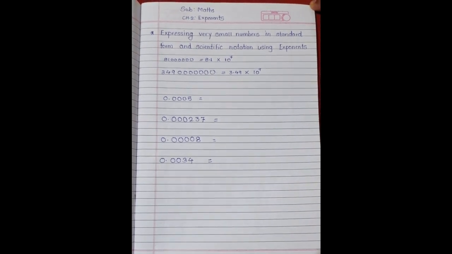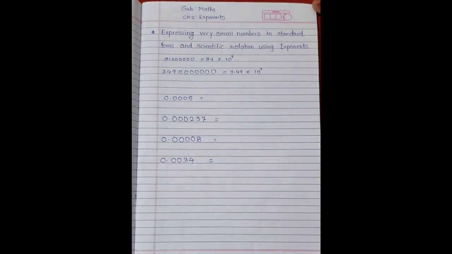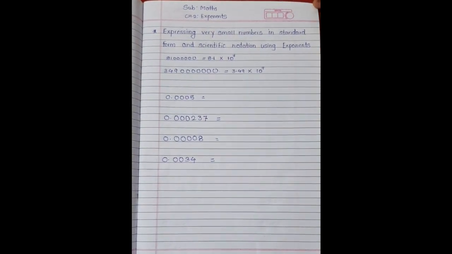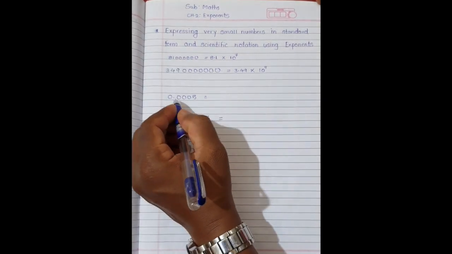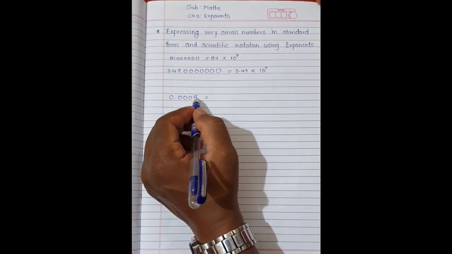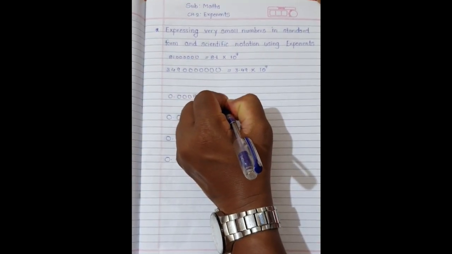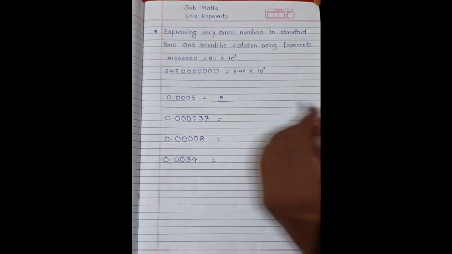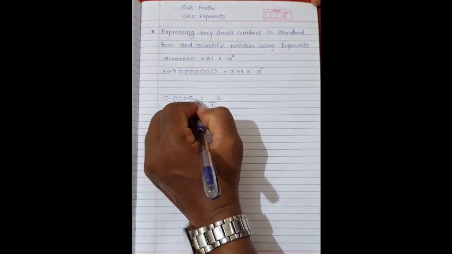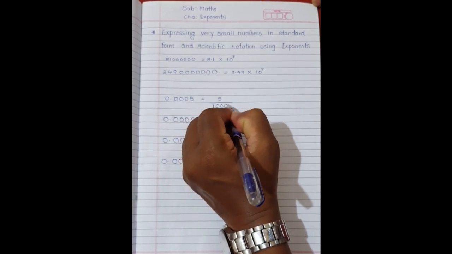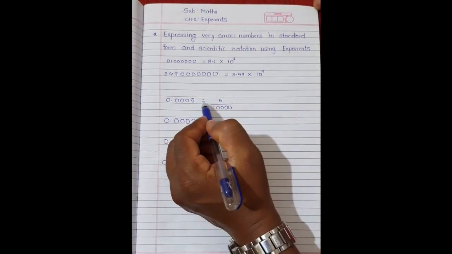Now see here, 0.0005. First, we will convert this decimal into a fraction. To convert this decimal number into a fraction, the number is 5 upon 1 followed by zeros; after the decimal point 4 digits are there, so put 4 zeros. That is 5 ten-thousandths, 5 upon 10,000.